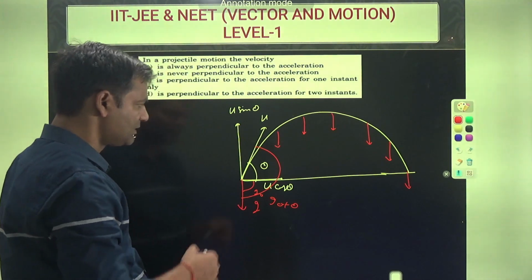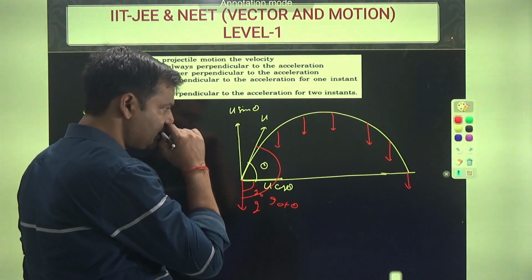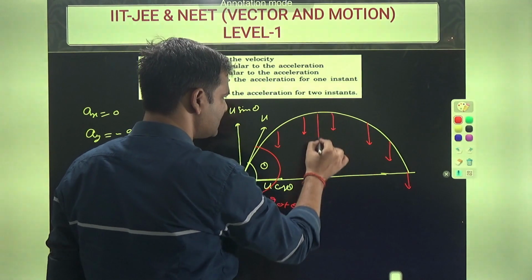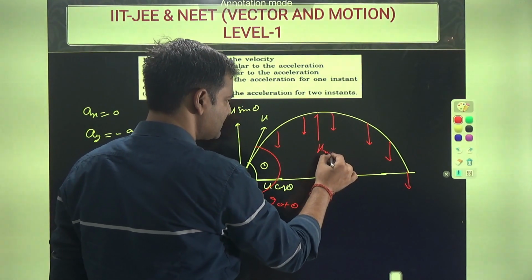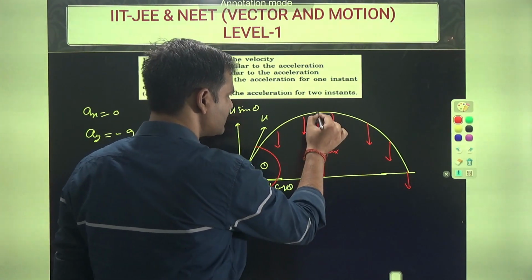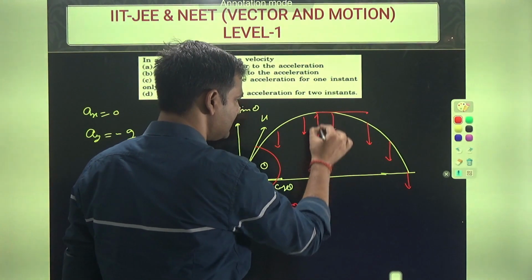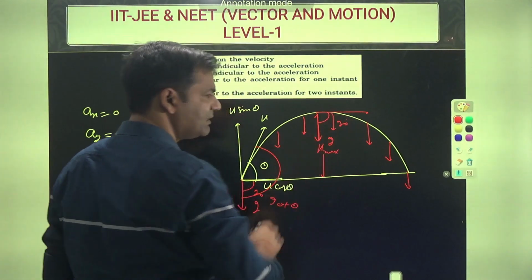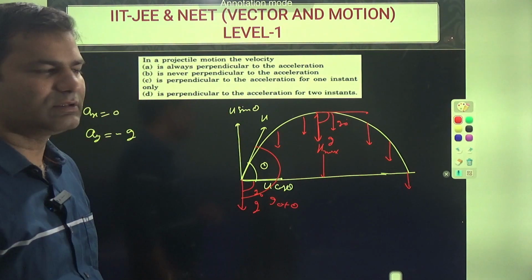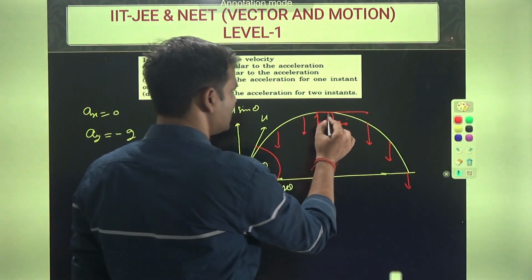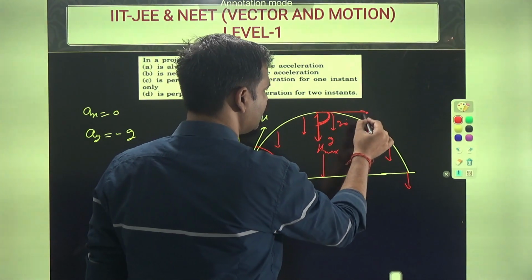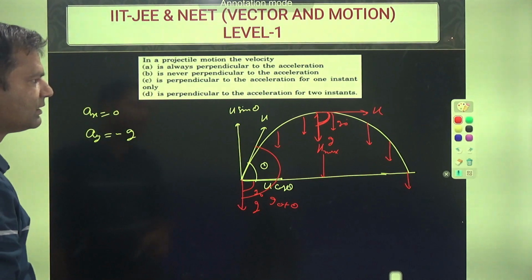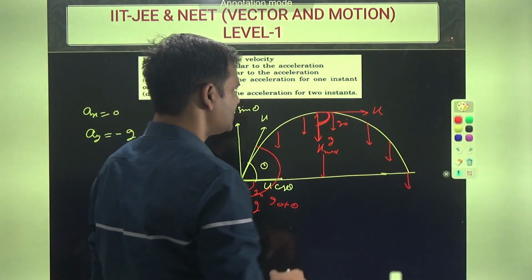It is never. Here it is not perpendicular, but if it is going to that point, the highest point, h max, the velocity direction is that one, and the acceleration here. So the angle between these two is 90. That is the only possibility, the highest point, and here the velocity u is like that one. Okay, clear or not?